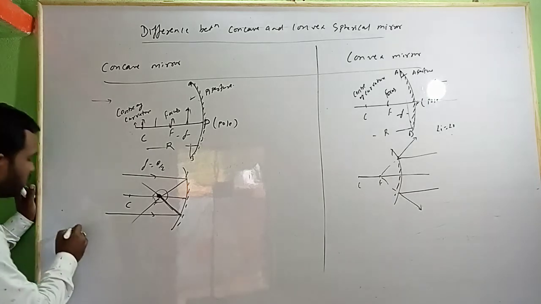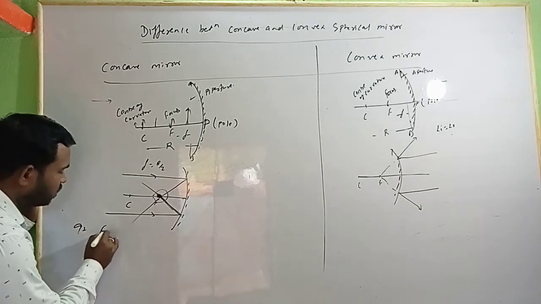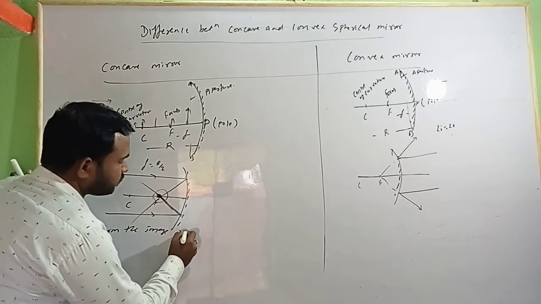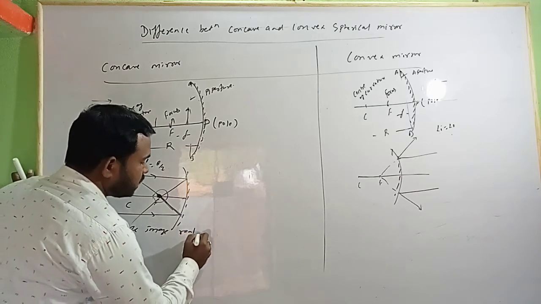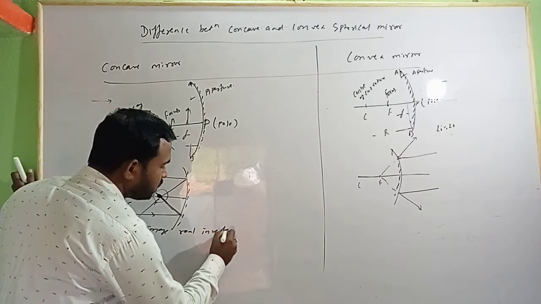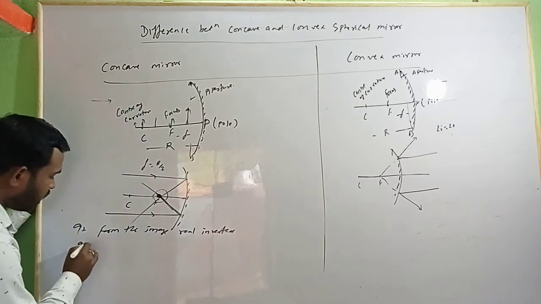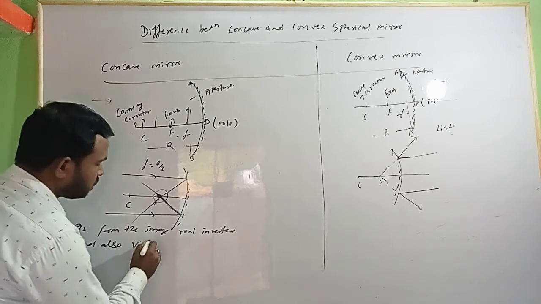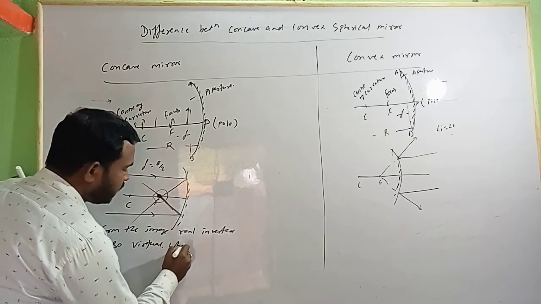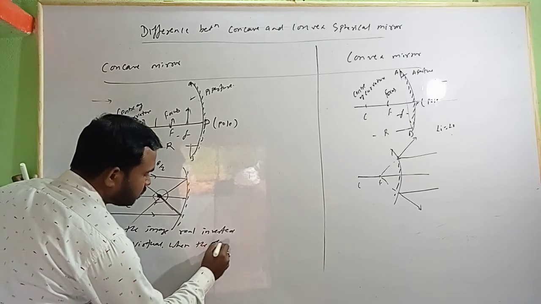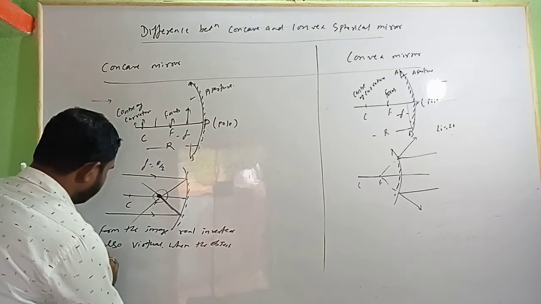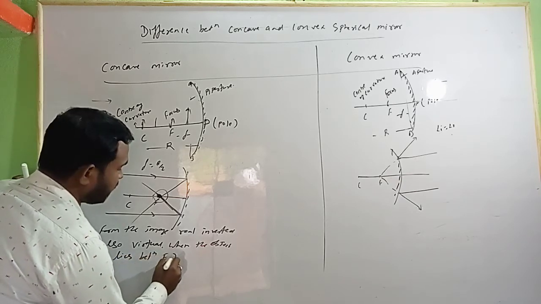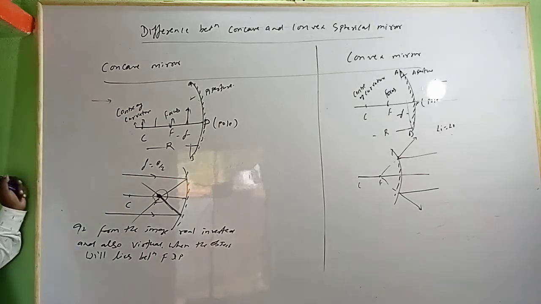It means it can form the image real, inverted, and also virtual when the object lies between F and P, or P and F. Is it clear?